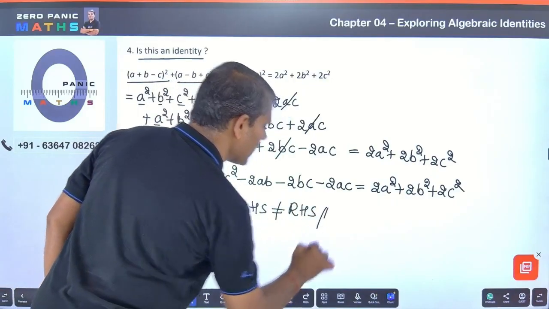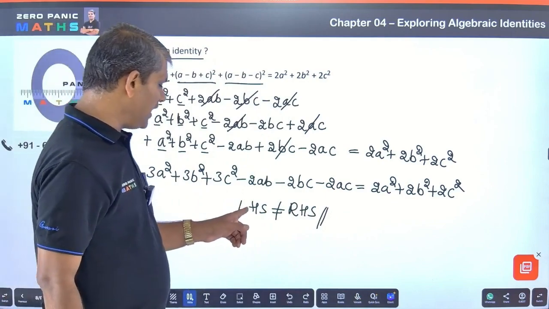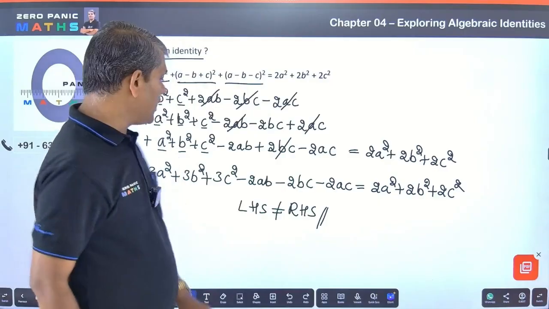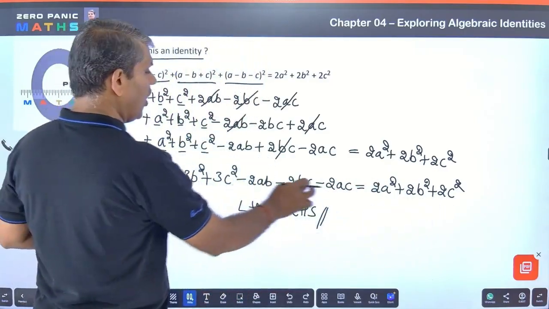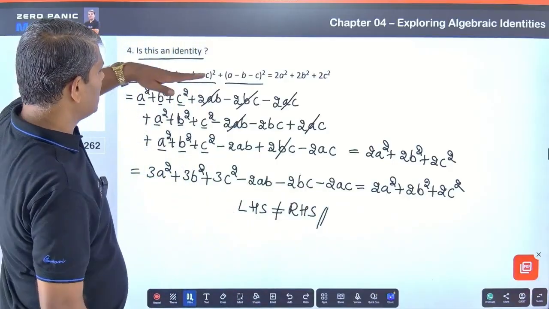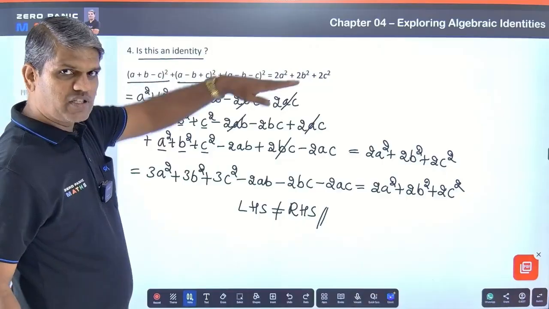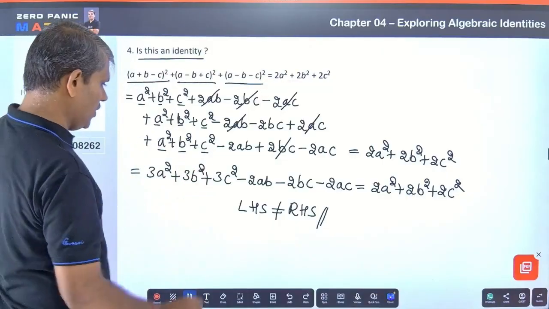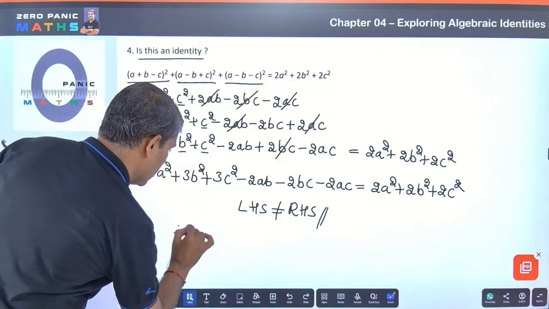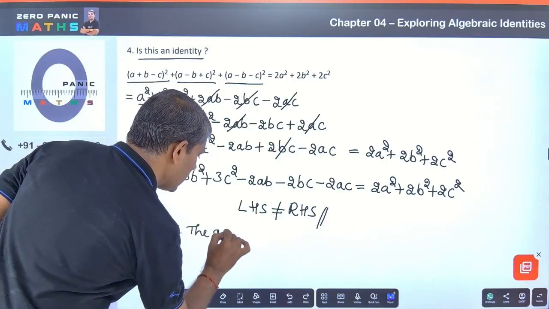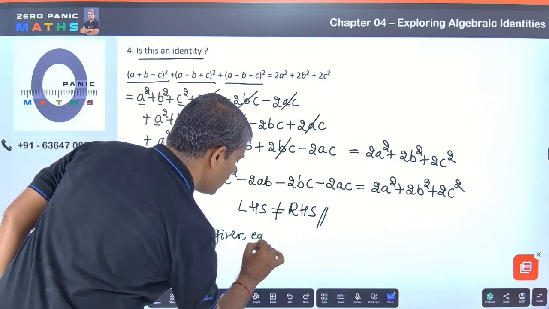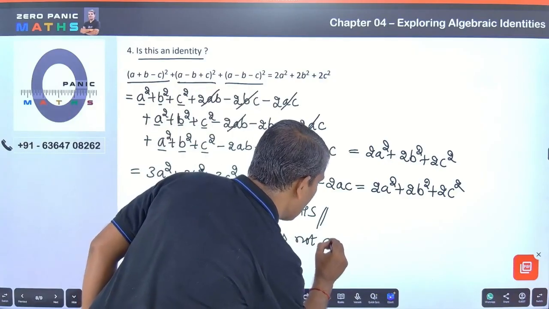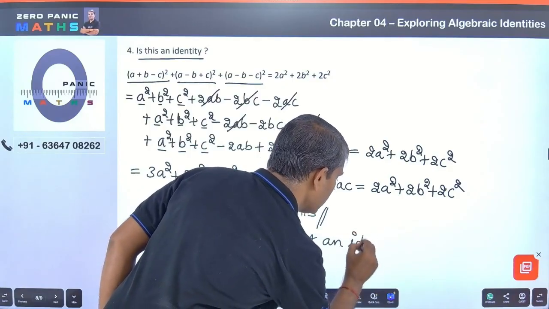You know this, right? We were expecting this expansion, but we got this expansion. So the given expression or equation is not an identity.